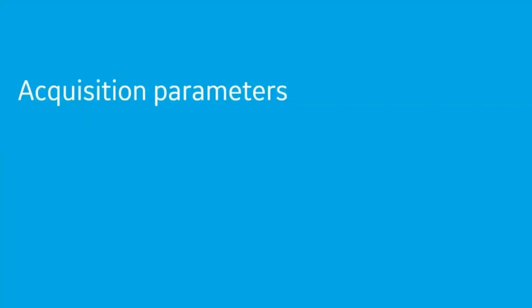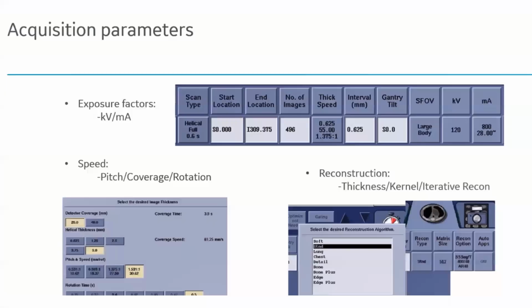I would like to start with acquisition parameters. There are many variables in acquisition parameters, such as the kV and mA that we select, and the speed of scanning, including rotation time, pitch, and coverage, and the reconstruction parameters as well.